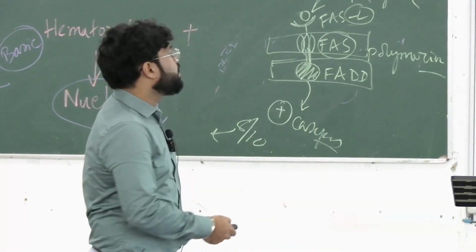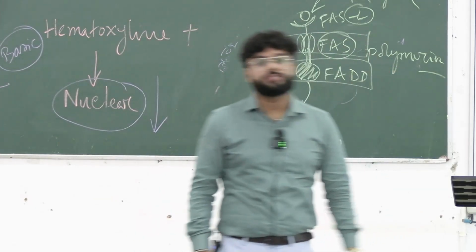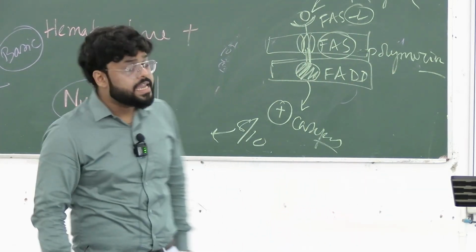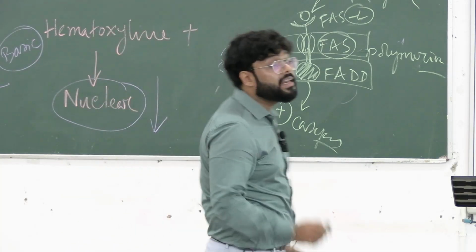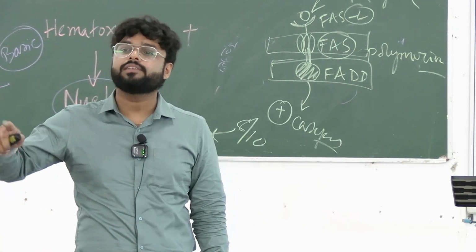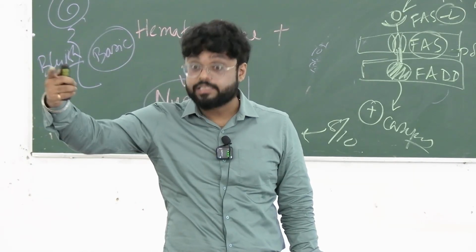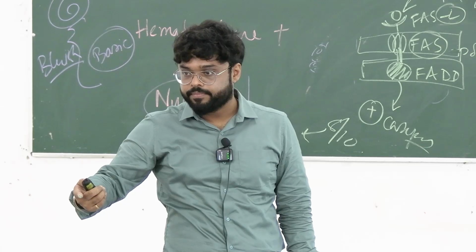Because there is something known as phosphatidylserine. Phosphatidylserine is present in the inner layer of the membrane, but in case of apoptotic body, this phosphatidylserine is going into the outer membrane. This is known as serine flip.